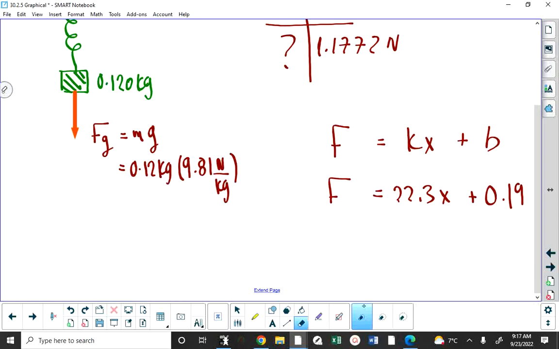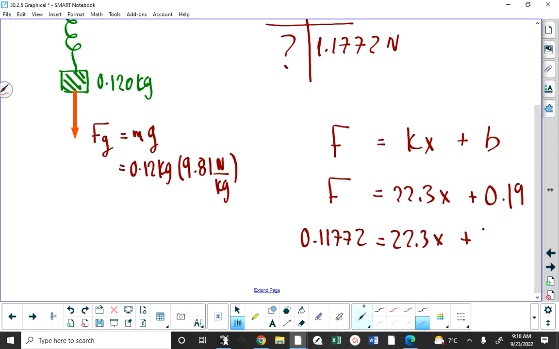Now what happens, of course, when we put in the numbers, we have 0.11772. Was that number right? Okay. Equals 22.3 times x plus 0.19.